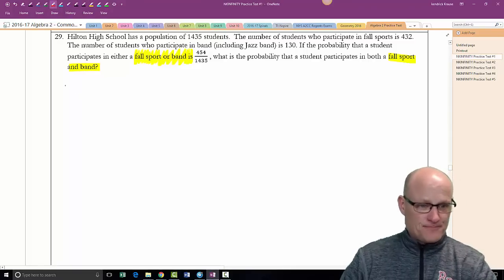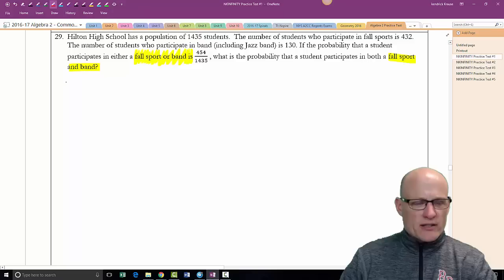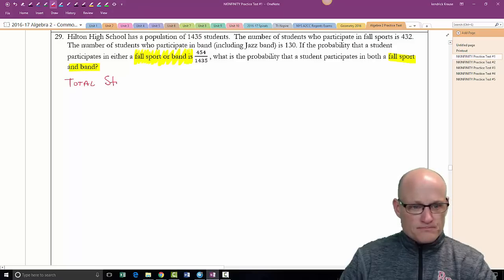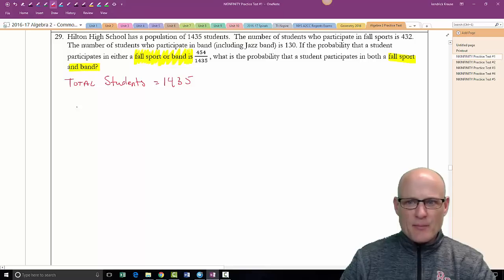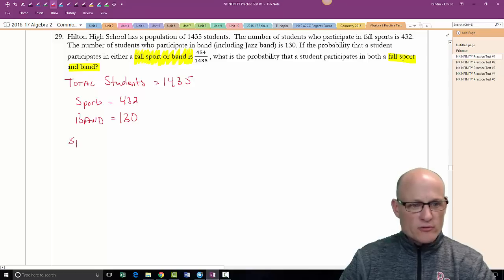But let's get our information down. We got total students equals 1,435. We got sports, we got 432. We got band, including jazz, but we'll just do band, equal to 130. And then we've got sports or band.